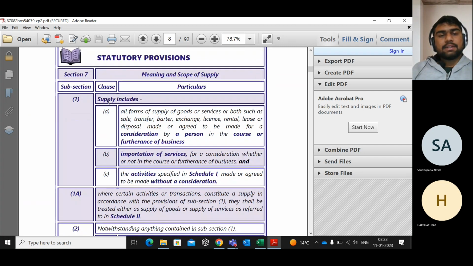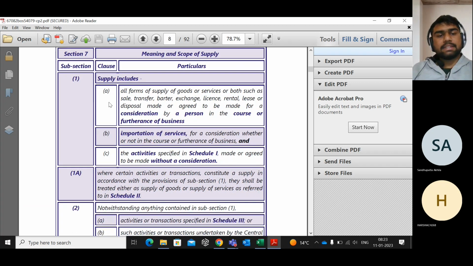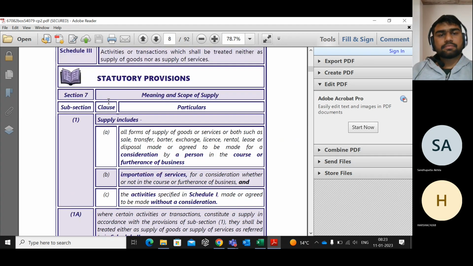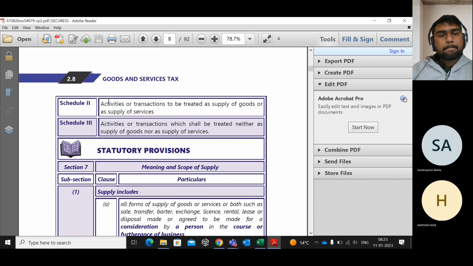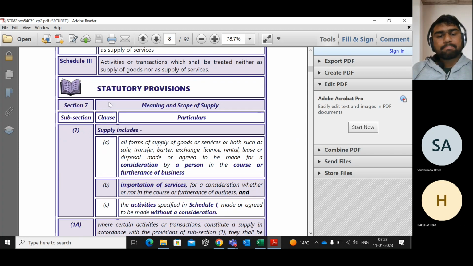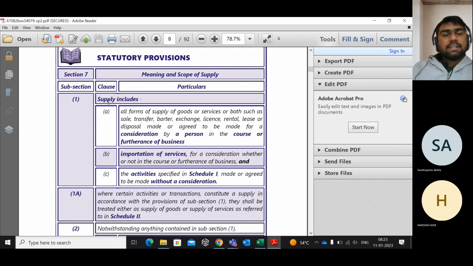Supply means, supply includes all forms of supply of goods or services or both, such as sale, transfer, barter system.